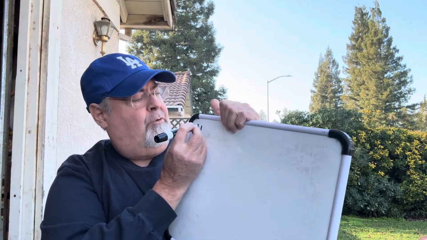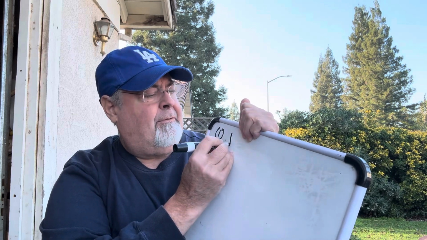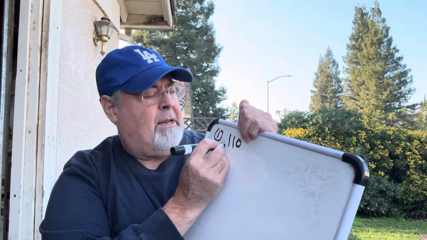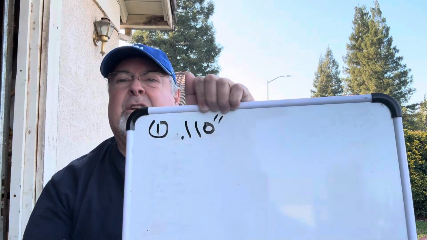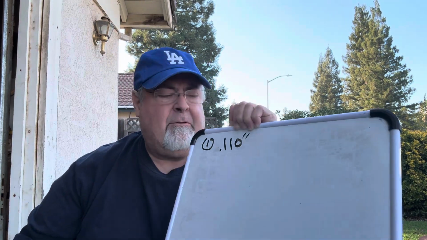I'm going to use some of my specifications. My action for the 1st string I like to have at 110 thousandths of an inch. That's my spec for that.